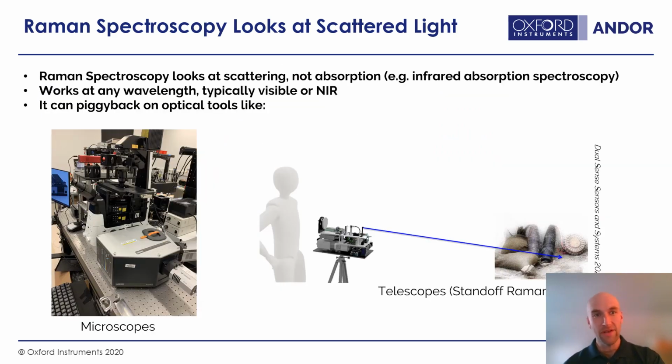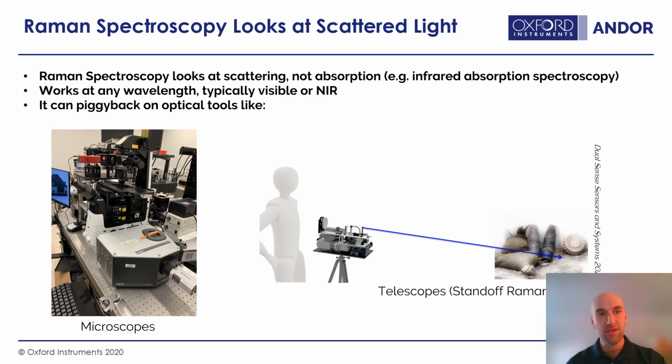One of the nice things about Raman spectroscopy being a relatively low energy, visible light, often, sometimes UV, sometimes near IR, non-contact method is that we can do it in a way that takes advantage of other instruments for sending excitation, collecting scattered light. So Raman spectroscopy looks at scattering, not absorption like FTIR, and it can work at virtually any wavelength, but it's typically visible or near IR, occasionally UV.